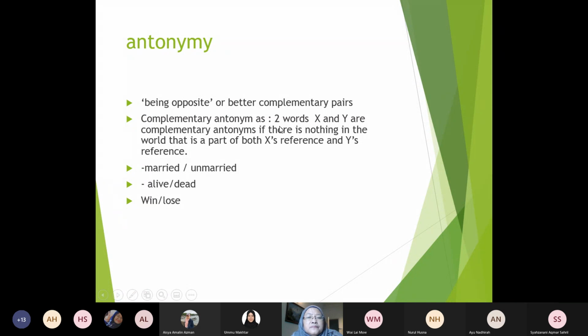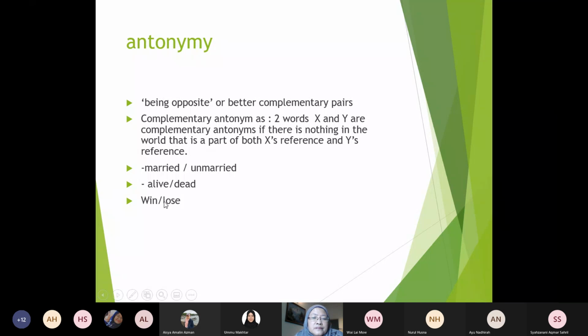So complementary antonyms: two words X and Y are complementary antonyms if there is nothing in the world that is a part of both X's reference and Y's reference. So antonyms are married or unmarried. You cannot be either one, there is no overlapping. They are separate. You cannot be married and unmarried, or alive and dead, or win and lose.